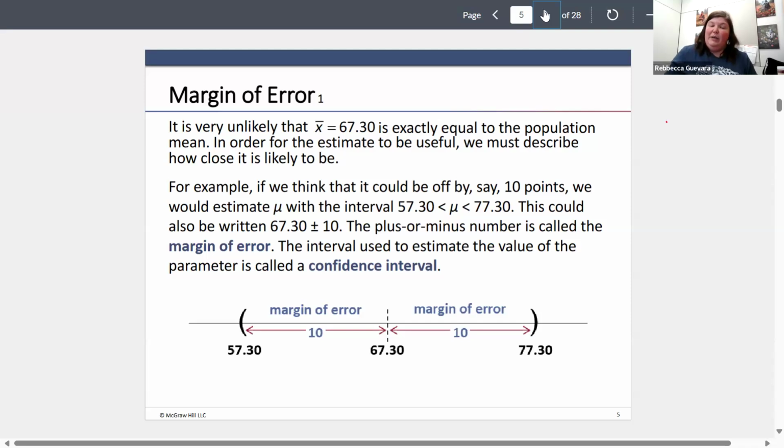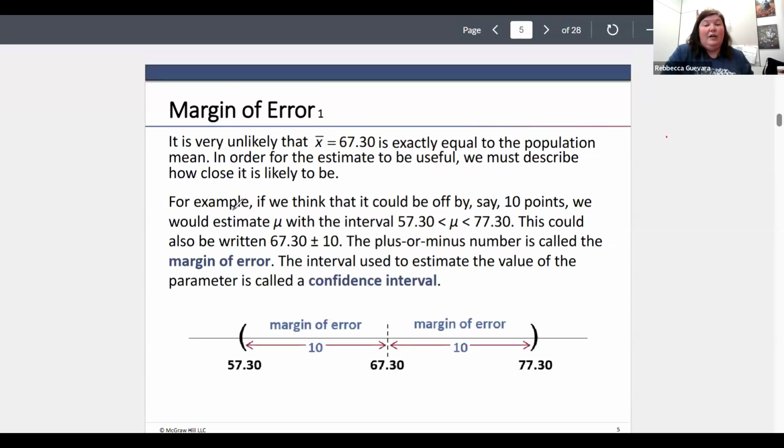We expect that it's likely close, but how close is it to that real population mean? For example, we think it could be off by maybe 10 points. So the interval in which we would expect to find the population mean would be from here to here.